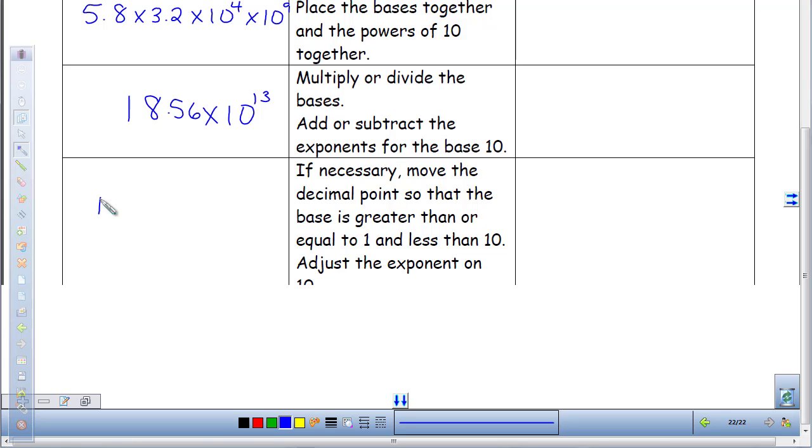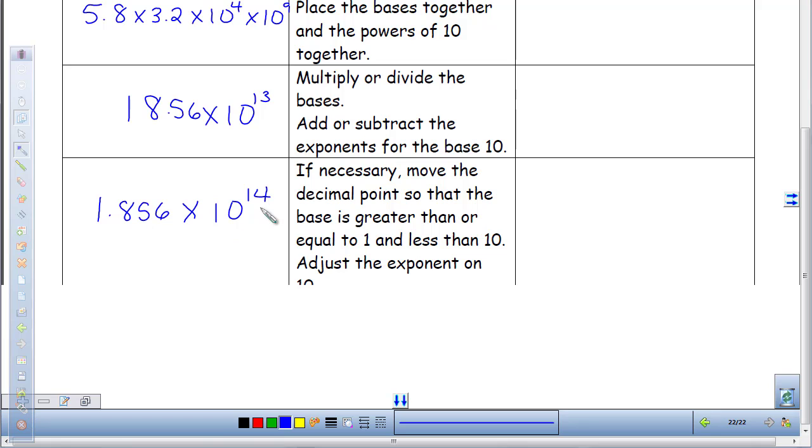So I'm going to do 1.856, and I'm going to think about what I need to do. I need to add one more exponent, right? I need to move this decimal point one place to the right. So that means add one more to my exponent, 10 to the 14th.